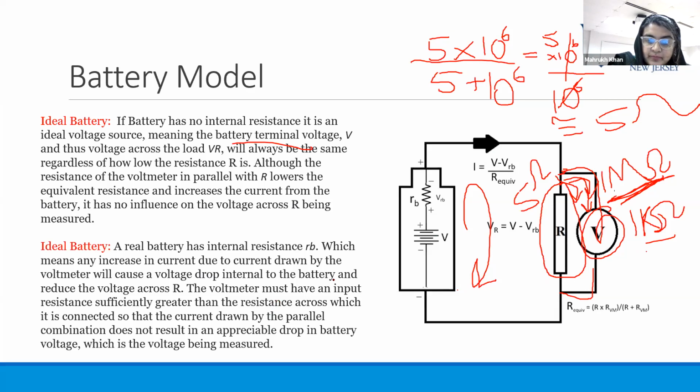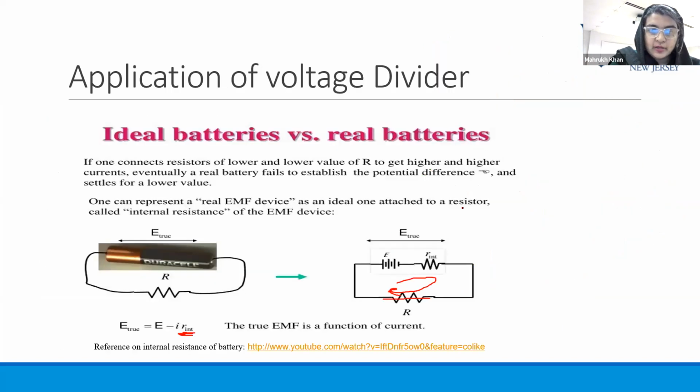This internal resistance we can also calculate practically, which we will do when we use the kits, okay? Another way of looking at it: this is your ideal battery scenario.